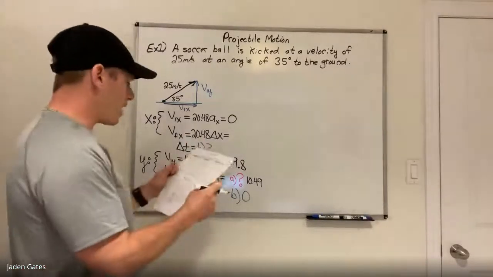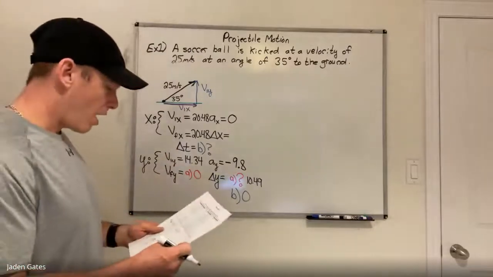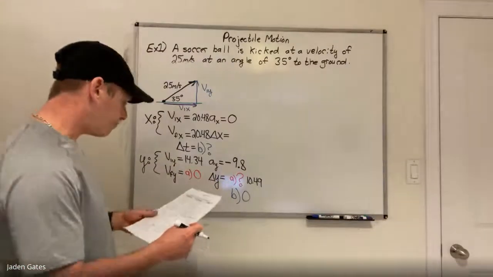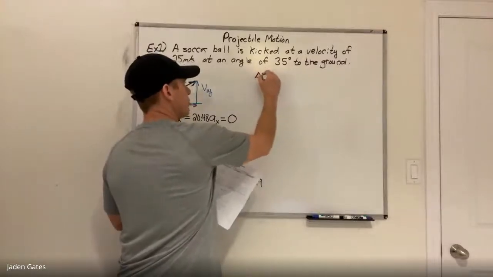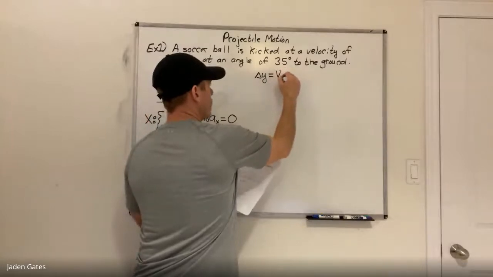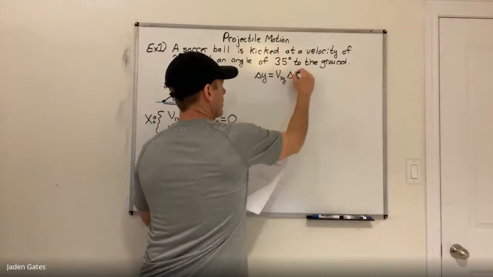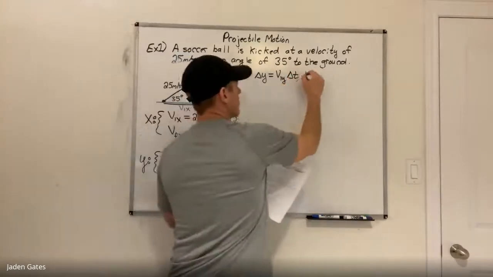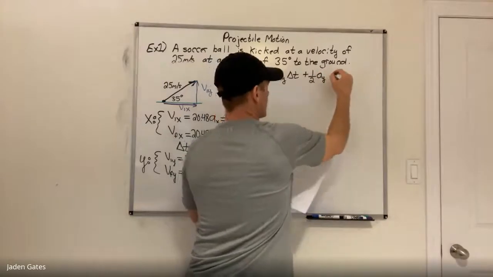All right, so again, I'm going to rewrite it in terms of our components vertically. So here we go. Instead of a delta D, I'm going to have a delta Y. VI, well, that's V1Y times delta T, plus 1/2 AY delta T squared.